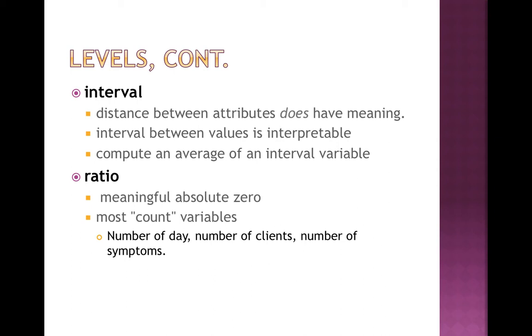What that means is that you can compute the average if you need to, so you can say the average salary or the average number of children. And then ratio might be the number of clients, the number of symptoms, things like that. So there is an absolute zero to it.